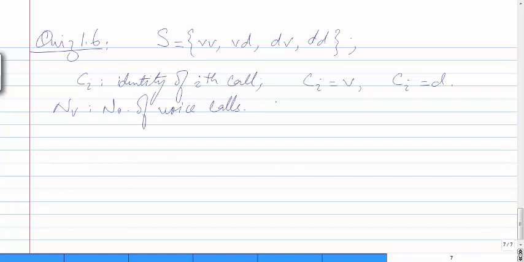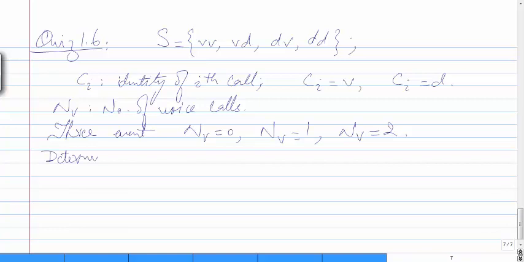There are three events, represented by NV equal to 0, NV equal to 1, and NV equal to 2. Now the question: determine whether the following pair of events are independent.